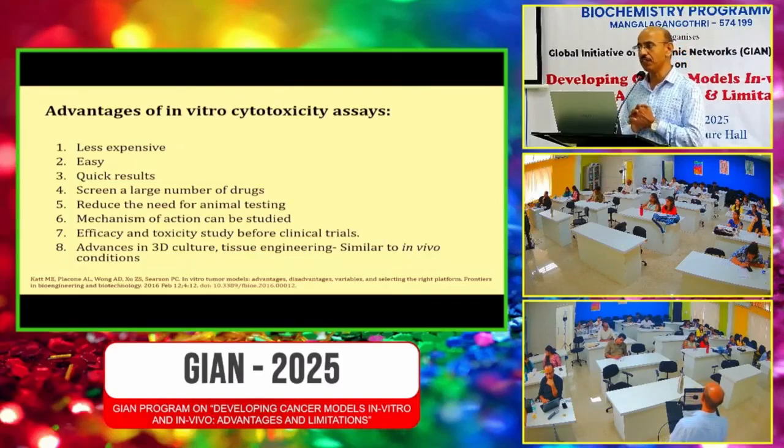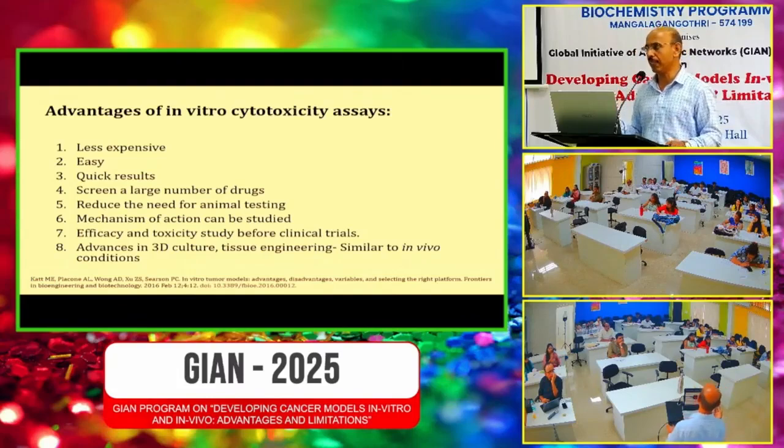So what are the advantages of in vitro studies compared to in vivo studies? One thing is that they are less expensive. I am talking not only about cell lines, there are other in vitro studies where you can cut the cost of the study when compared to the animal models. And somewhat it is easier when compared to animal models.